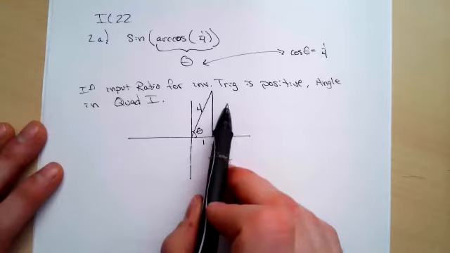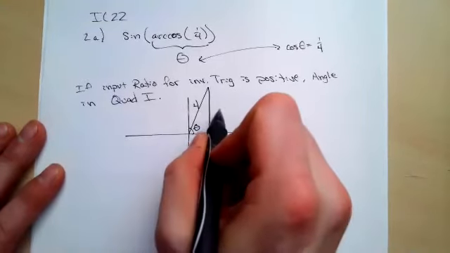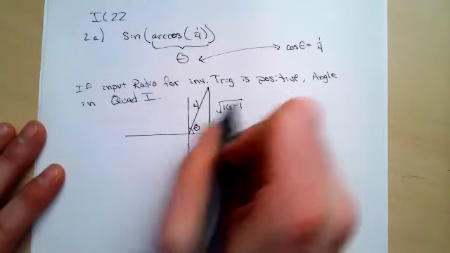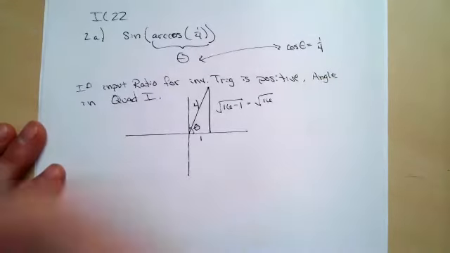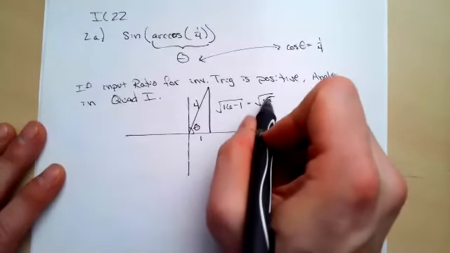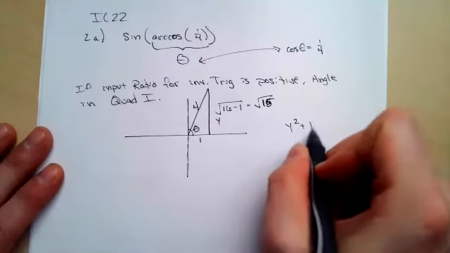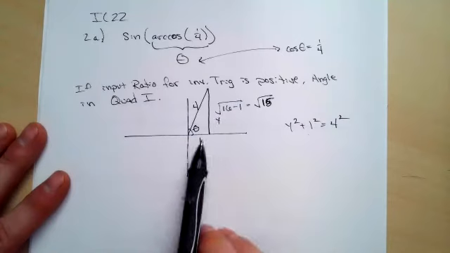We know we're in the positive quadrant 1. How do I find this third side? Pythagorean theorem. Square root of 15, sorry. So I guess we could have called it y. I know that y squared plus 1 squared equals 4 squared. Common mistakes, just make sure you put the sides in the right order.